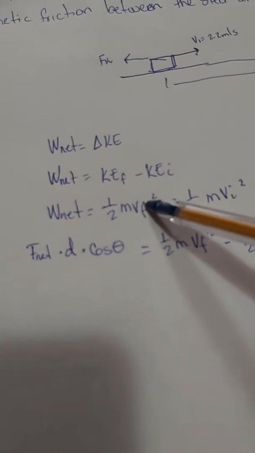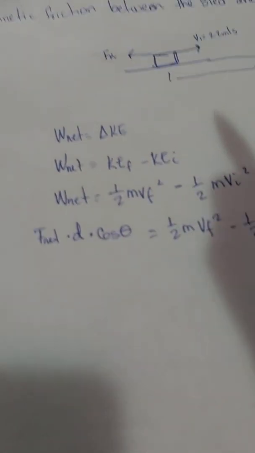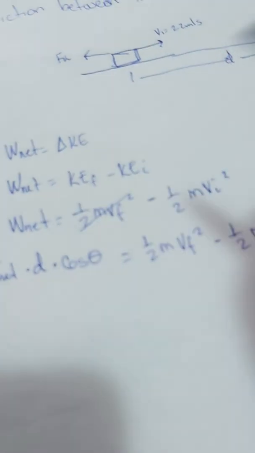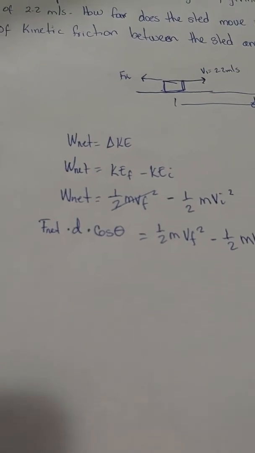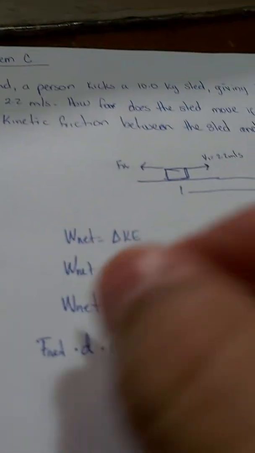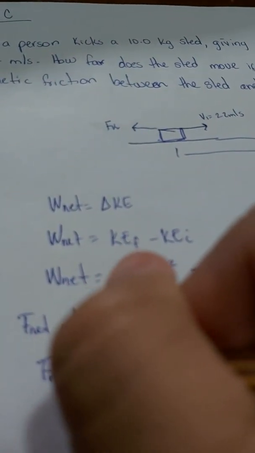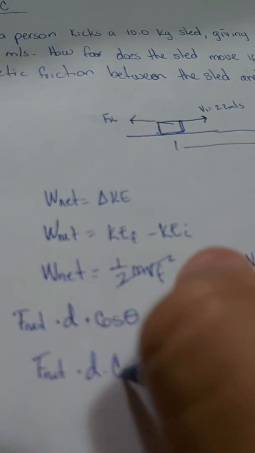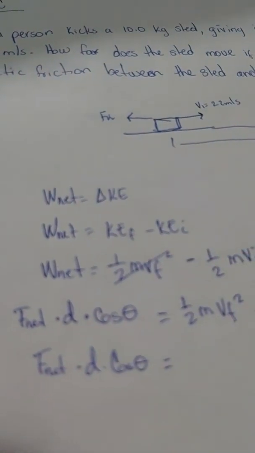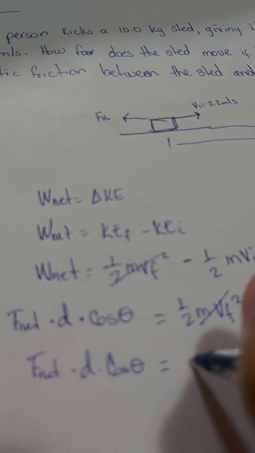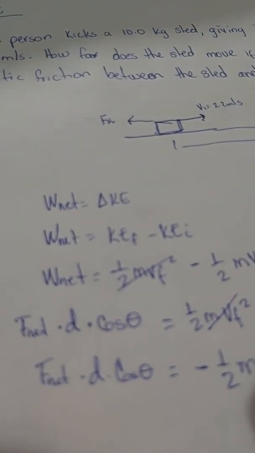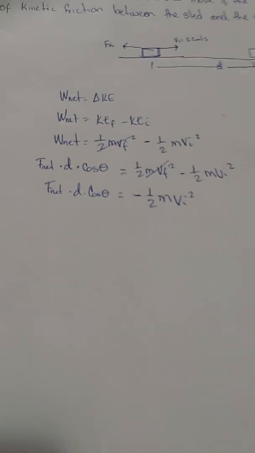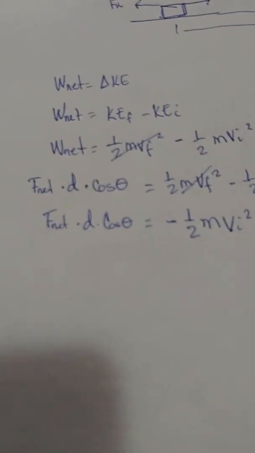Since final velocity equals 0, we can cancel this. We're simplifying the formula right now. So we get net force times displacement times cosine of theta equals negative 1/2 mass times initial velocity squared.